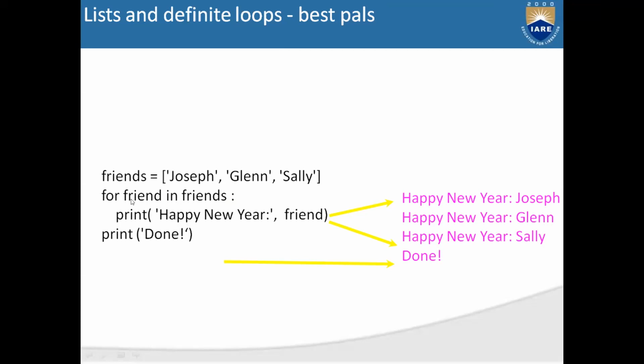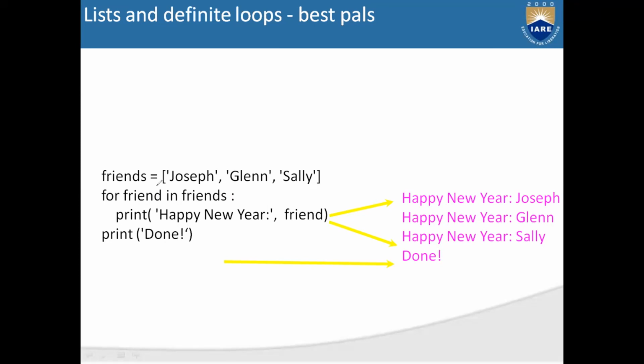Friend is an index variable like i we used previously. In the previous example we used i; here, instead of i, friend. There is no rule that you must always use i or j or k as index variables. You can use any variable. I am using the variable name friend.